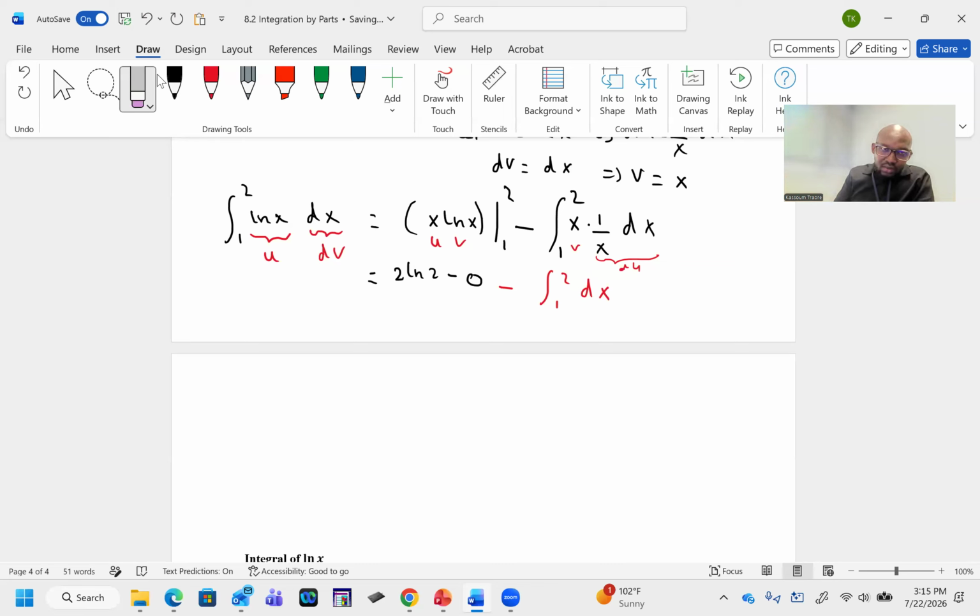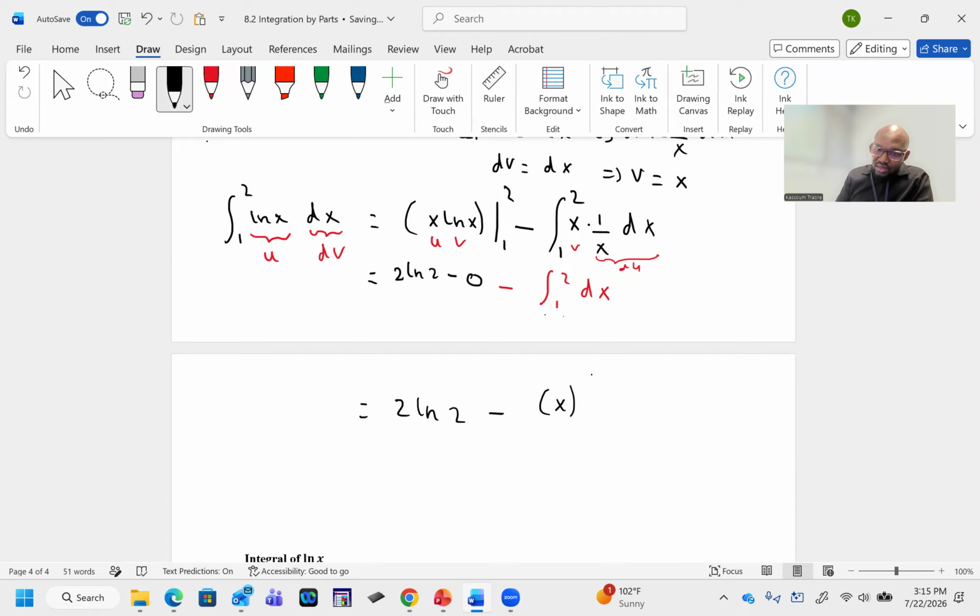Okay, so now I have 2 ln of 2 minus the antiderivative of this, which would be x, evaluated from 1 to 2.